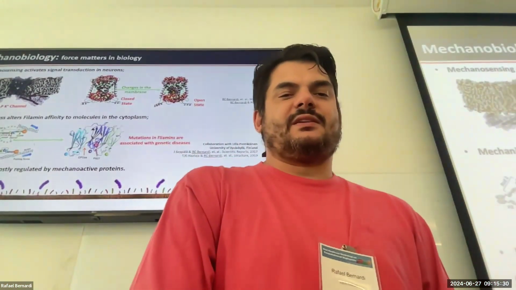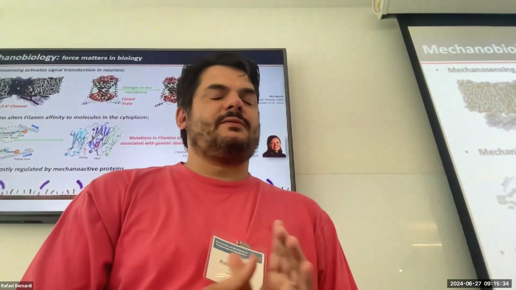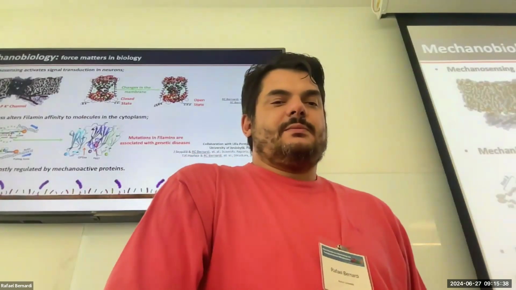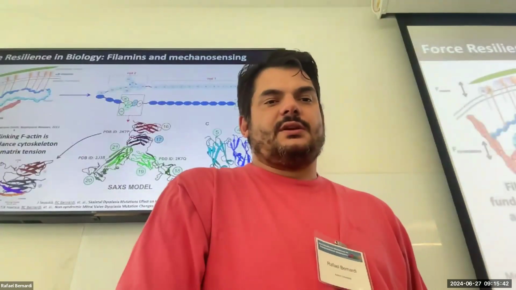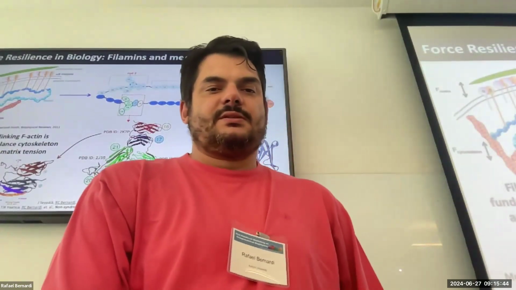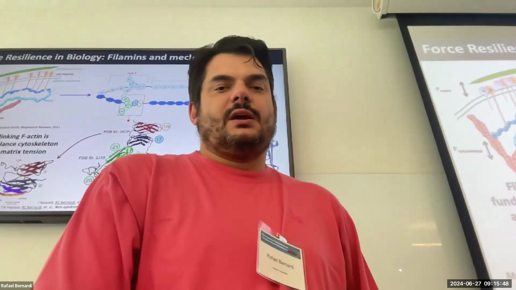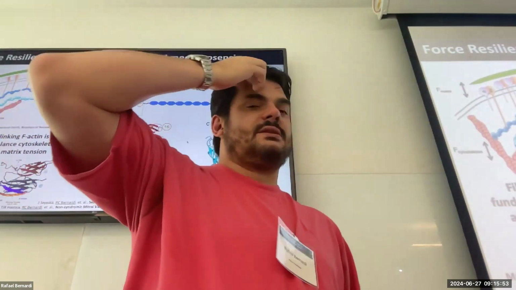Also, there are other things like filaments that I worked on together with Ulla Petäinen from Finland, and she was interested in how mutations in filaments, both on this ROD2 region and this ROD1 region, were related to some genetic diseases that are quite nasty.